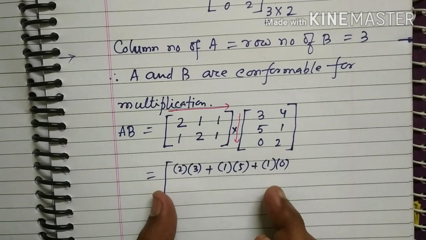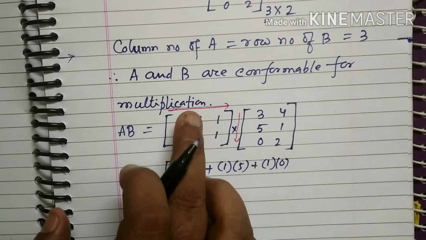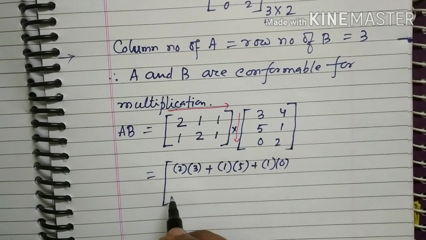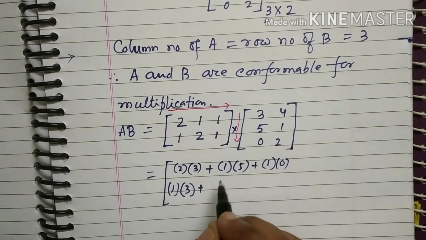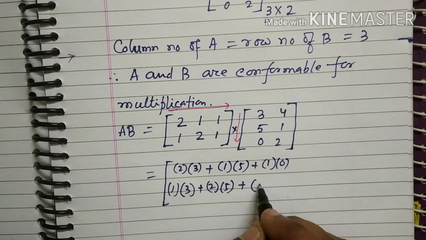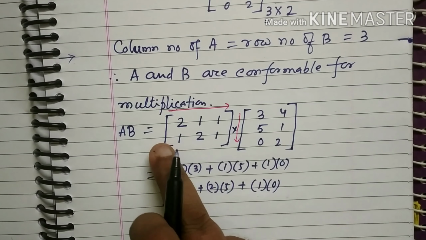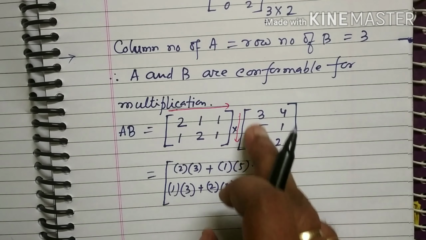Clear? This into this, 1 into 5 and so on. Similarly 1 into 3 plus 2 into 5 plus 1 into 0. This row, that column.